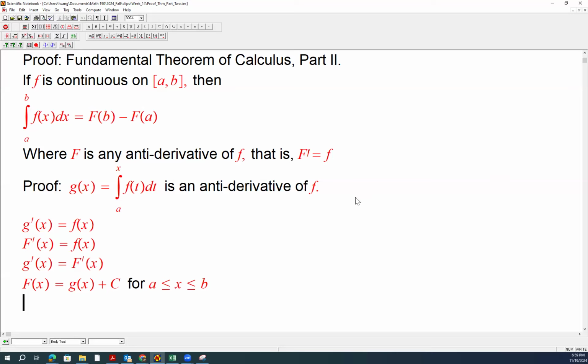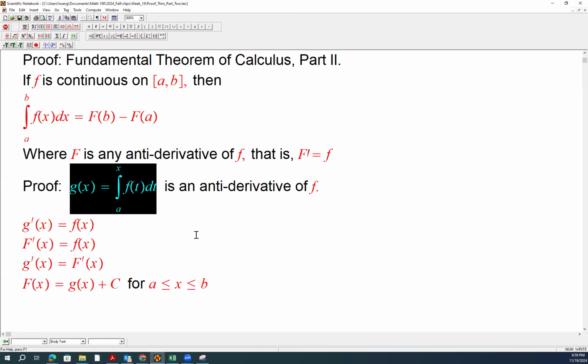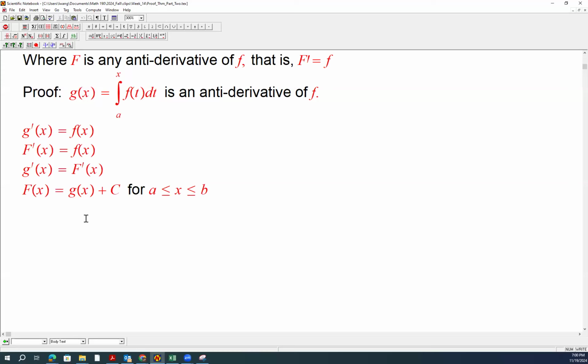Now, knowing this relationship, we're going to find out what g of a is. G of a, if x equals a, is going to be 0.